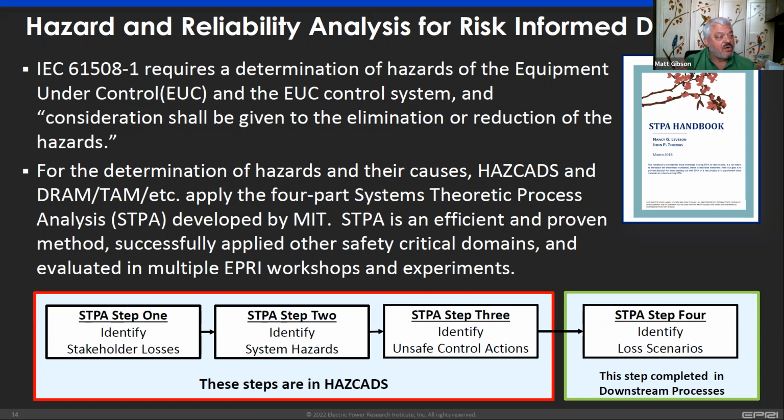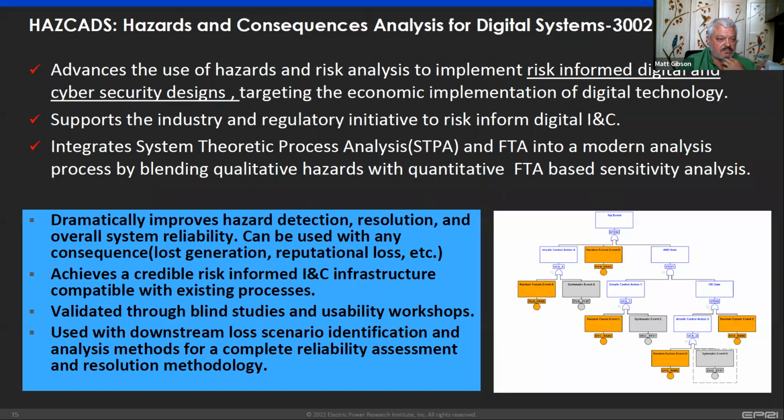Now, for each unsafe control action, we create loss scenarios. There can be loss scenarios caused by all sorts of different causal factors, and those different topical processes that you saw on the previous slide address those. Hardware and software reliability, cybersecurity, and human factors are the big ones. And then, of course, electromagnetic compatibility.